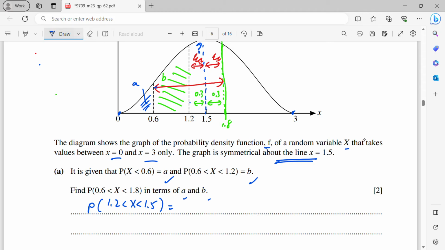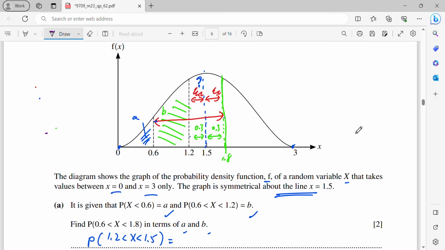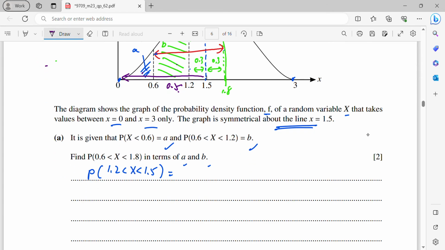Since 1.5 is the symmetrical line, the probability here is going to be 0.5. Now we know that the blue region is A, the green region is B, which means the red region is going to be 0.5 minus A and minus B. So I will write 0.5 minus (A plus B).